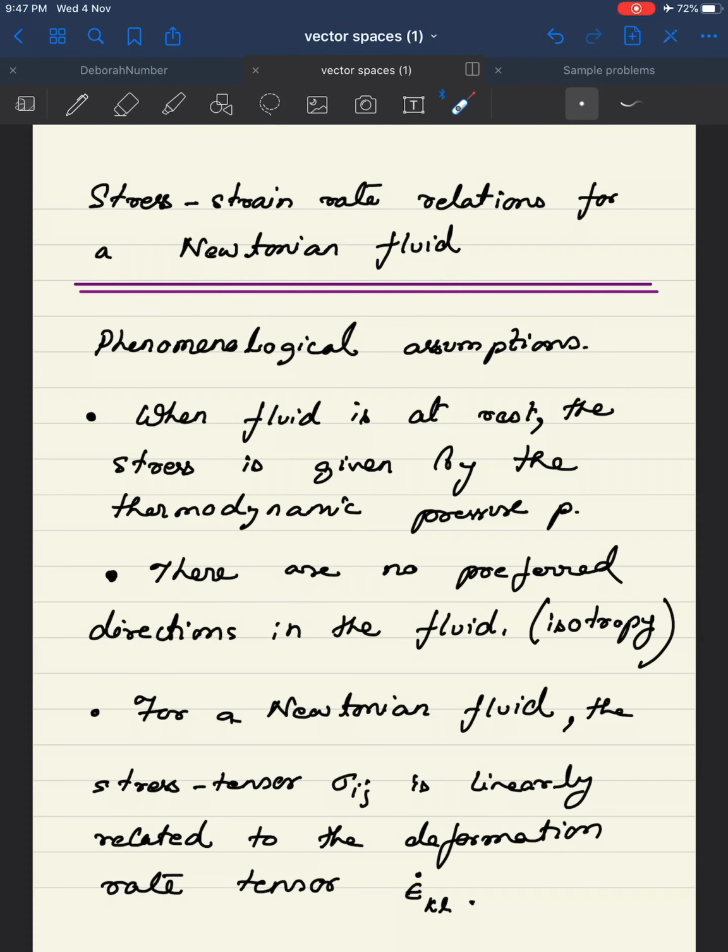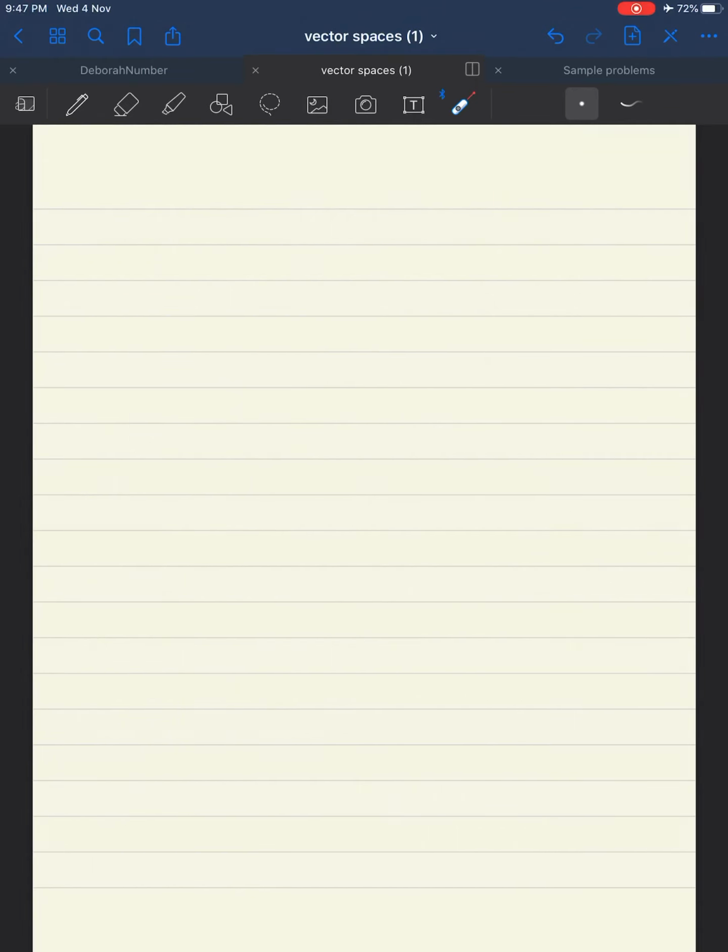Now, all these different assumptions, let's write them down in mathematical form, because they are right now just basically words. So, if I have to look at assumptions 1 and 2 for us, and what is the implication of assumption 3, so let's say assumption 1. Okay. So, when the fluid is at rest, the pressure exerted by the fluid is the thermodynamic pressure.